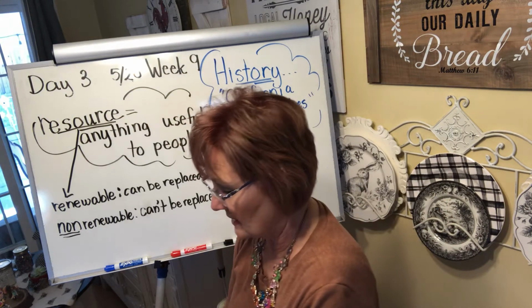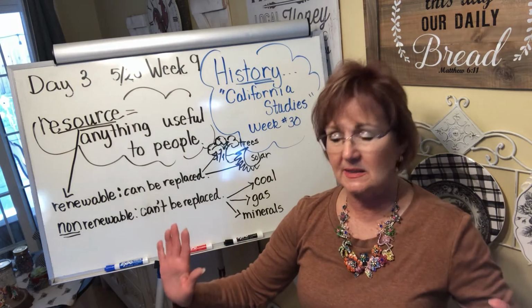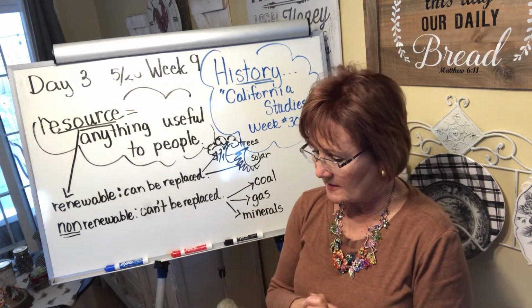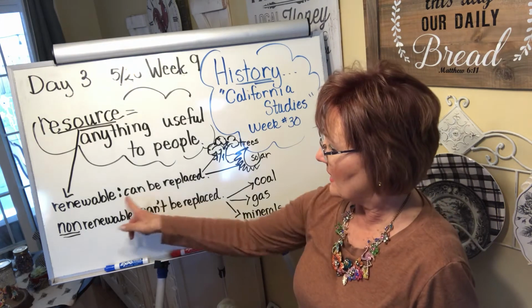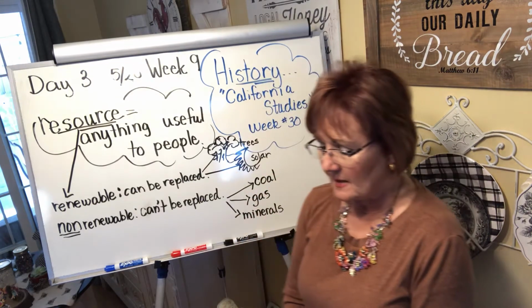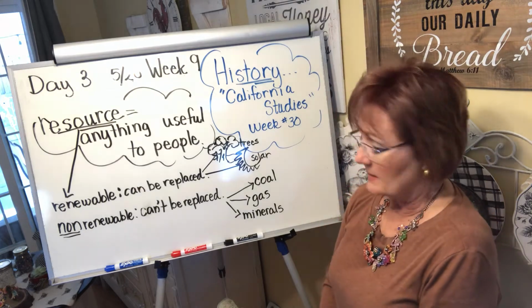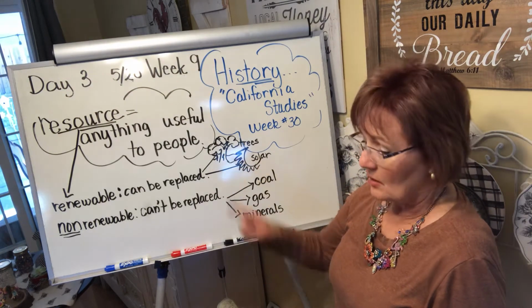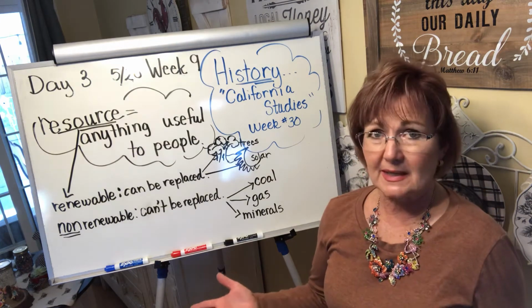Okay, go on inside. You see a beautiful sunny scene there with trees and a lake. It says renewable resources are resources that can be replaced. Some renewable resources can be replaced quickly and others take longer to get replaced. For example, trees are a renewable resource. They will grow back, but it might take a lot of years.